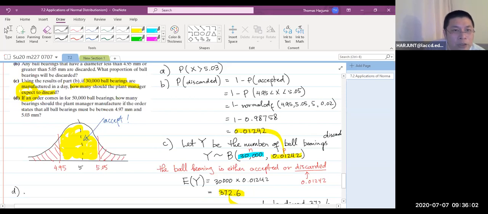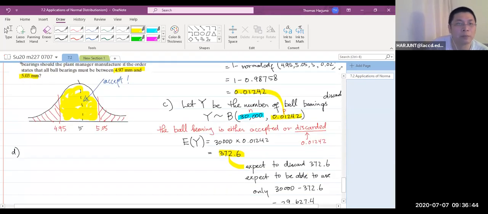Now, how many bearings should the plant manager manufacture such that after you discard those that are not in between 4.97 and 5.03, so this time the requirement is even stricter, okay, then how many the manager should manufacture such that subtracting the expected defect, you still have at least 50,000. Okay, that's the question.